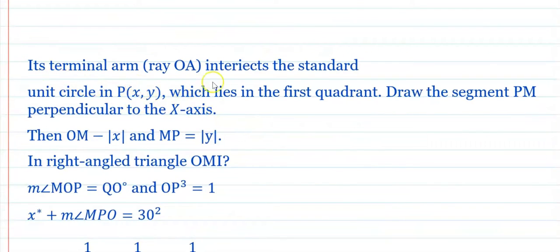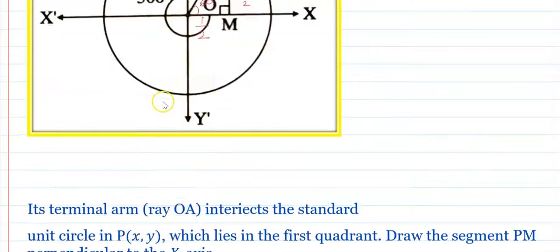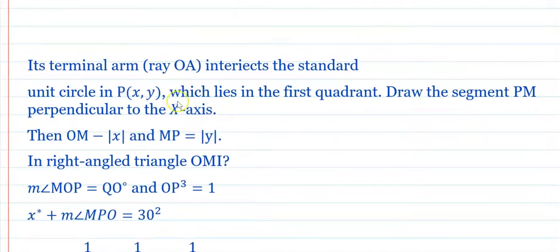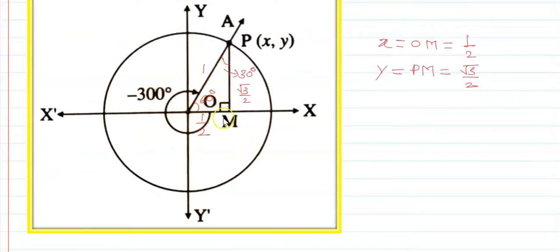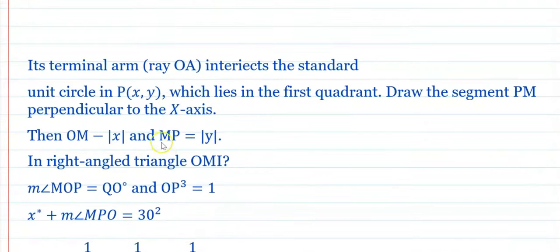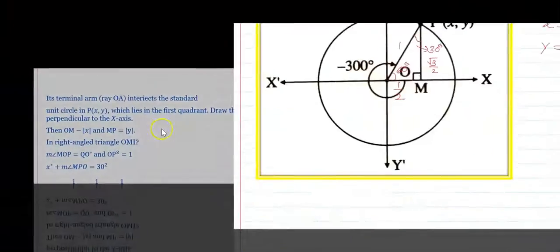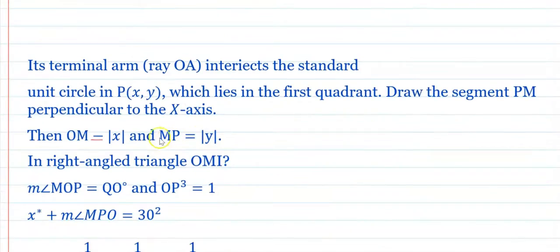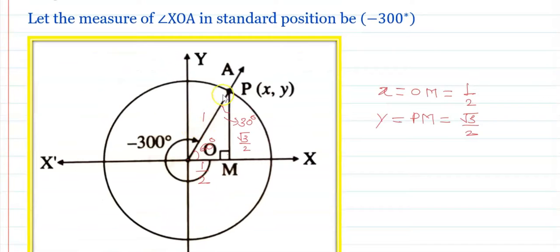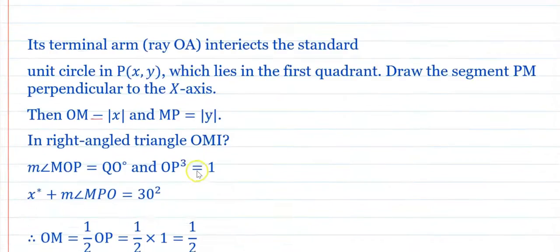The terminal arm OA intersects the standard unit circle in P, with coordinates x and y, which lies in the first quadrant. Draw the segment PM perpendicular to the x-axis. Then OM is equal to mod of x, and MP is equal to mod of y.